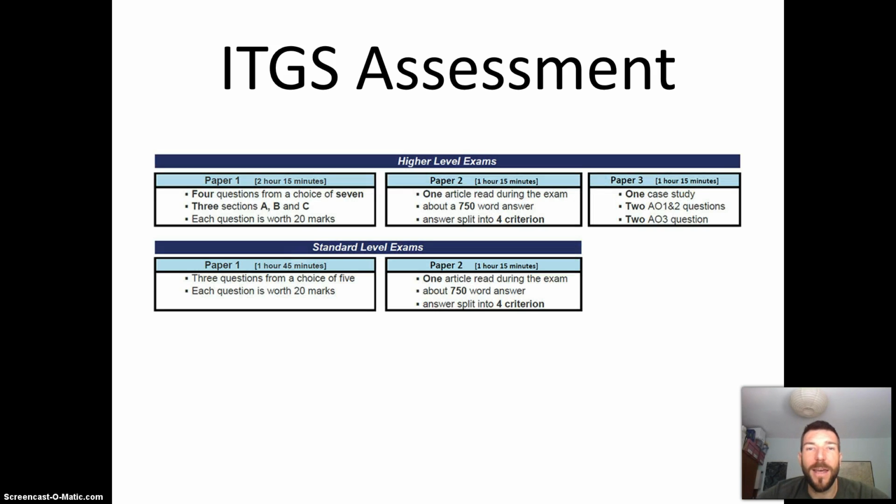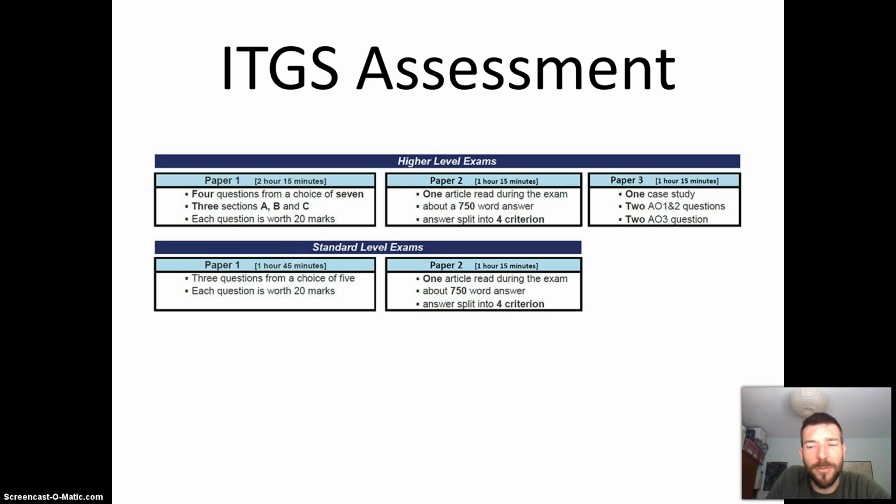In terms of written exams, the difference is that in higher level, you also do some slight differences in paper 1 and 2, but the main difference is paper 3, which is an annually released case study that the students get pretty much a whole year to study and research around before being asked some questions about it in that last exam paper. The standard levels, they don't need to do that paper 3, they just have 2 papers.